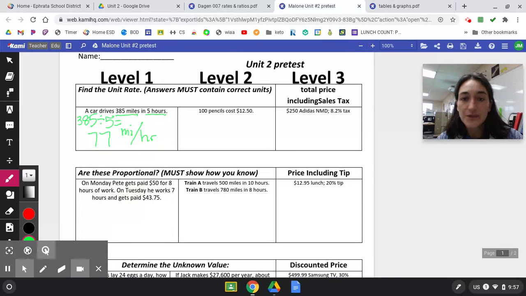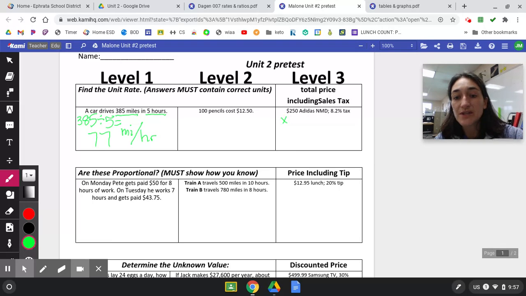Last thing I'm going to review is the information for taxes, tips, and discounts. I'm going to go ahead and do the shortcut version. In my tax problem number 1, my Adidas cost $250. I am then going to multiply that by 100% of the cost, and I'm going to add it to the tax.